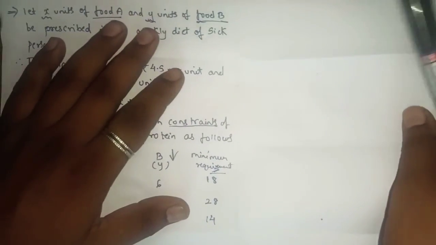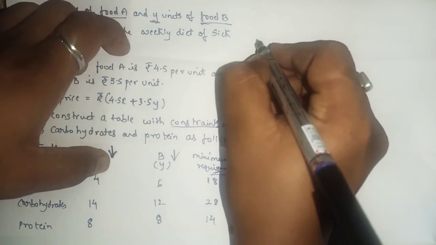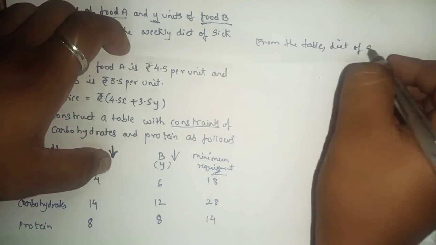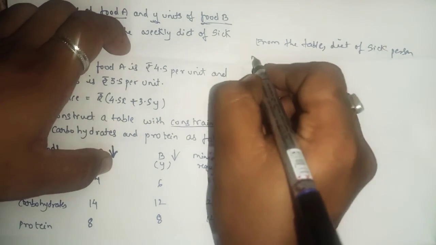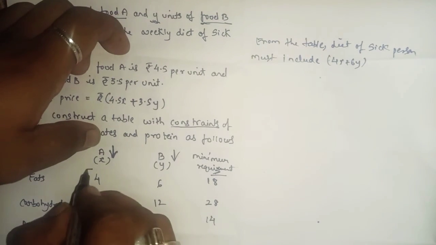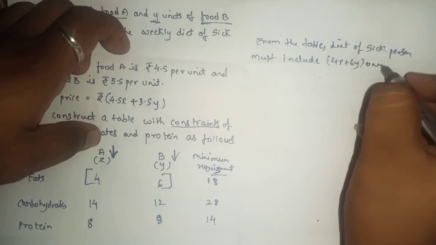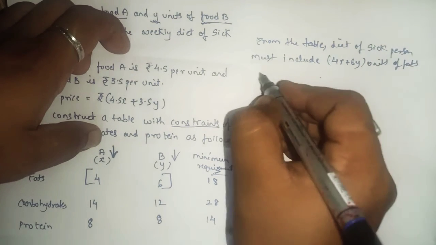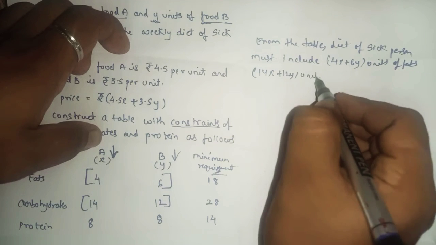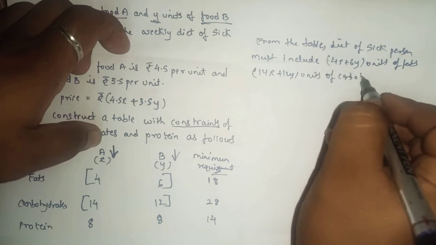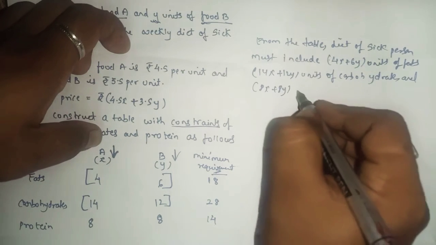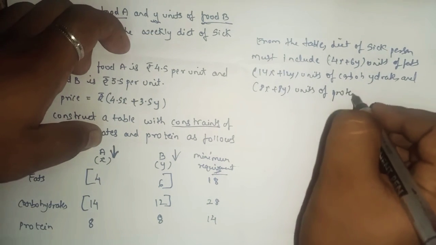The next sentence will be: from the table, the diet of the sick person must include 4x plus 6y units of fats, 14x plus 12y units of carbohydrates, and 8x plus 8y units of protein.